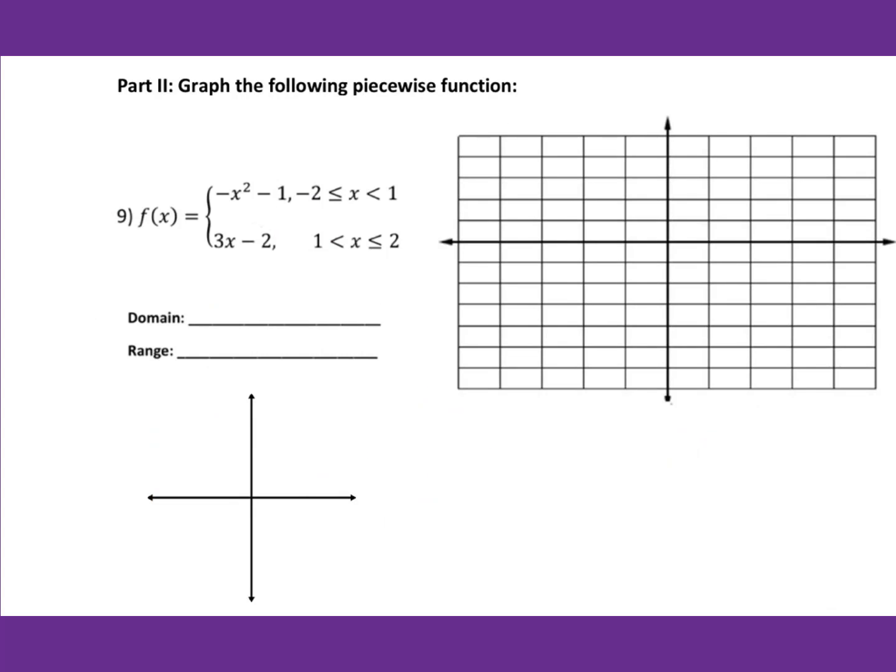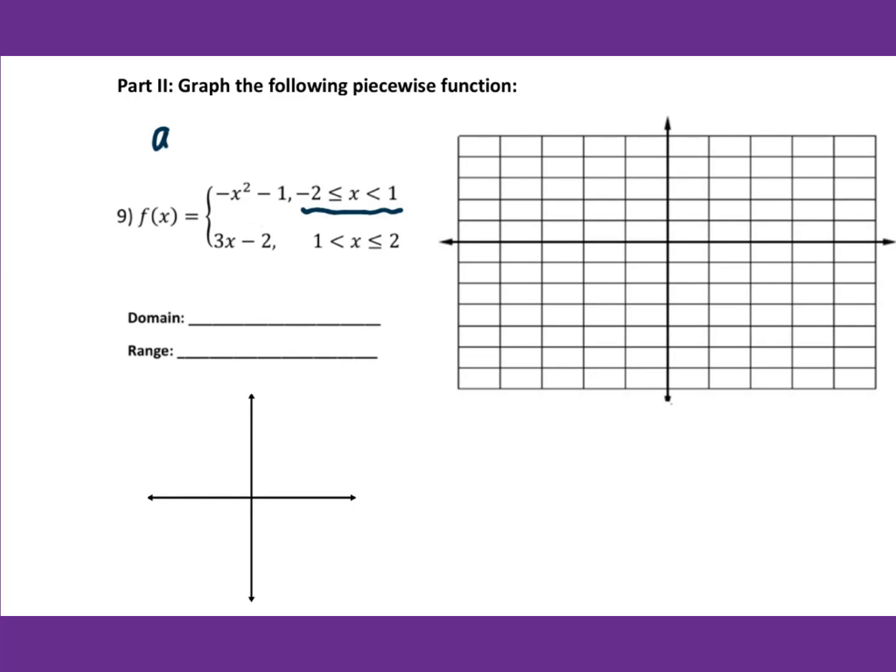Now let's go to one more example. F of x equals -x squared minus 1 when x is between -2 and 1. This is a quadratic function. The key point is the vertex.